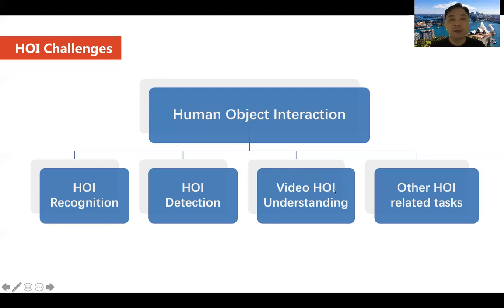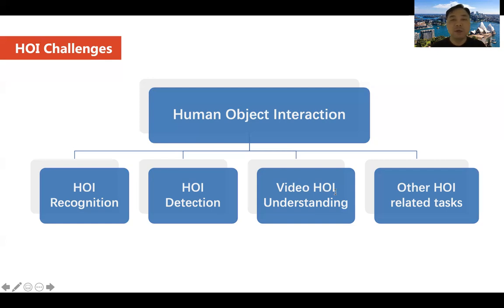Moreover, HOI is closely related to other tasks, such as action recognition, human pose estimation, object affordance recognition, and 3D reconstruction. As a result, there are many HOI approaches that explore the importance of HOI to other tasks, or learn to understand HOI and other tasks in an end-to-end fashion.